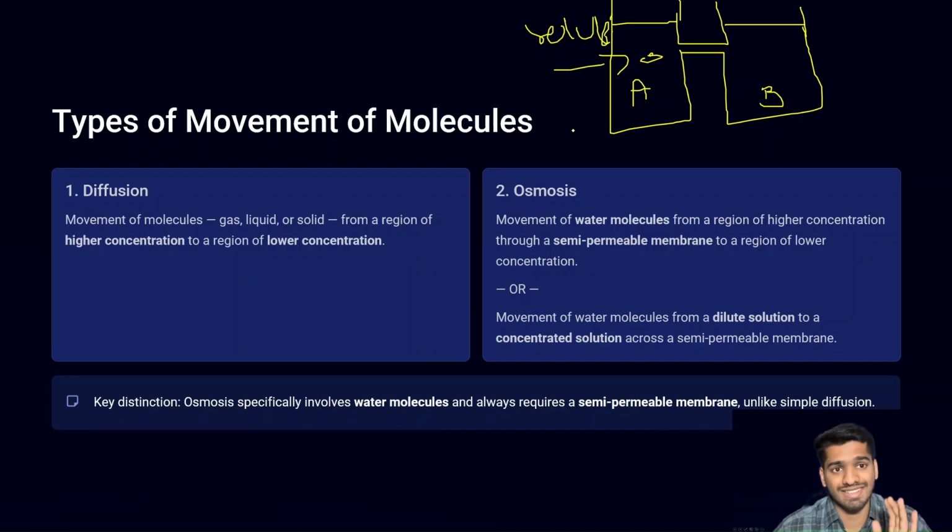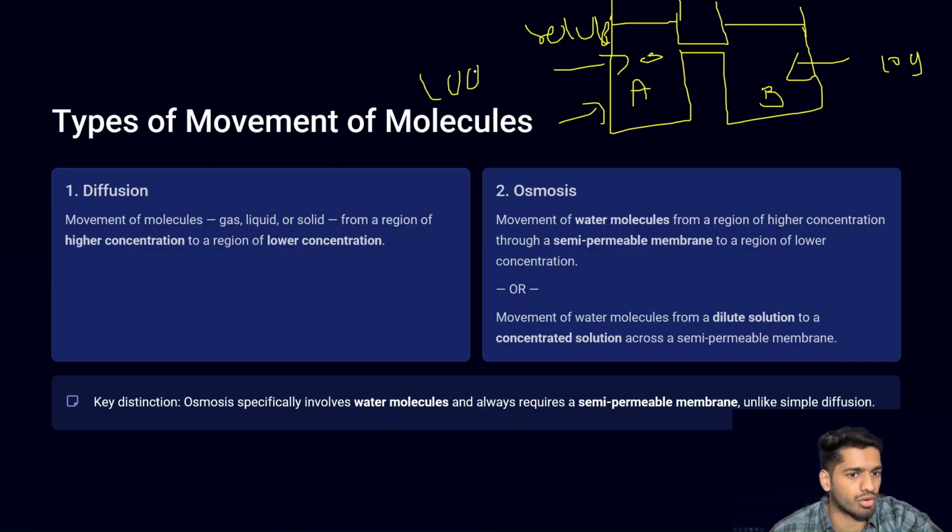Both beakers have the same amount of water, but I have put more solute in this one, and in this one very little. For example, I have 10 gram of sugar over here and 100 gram of sugar over here. So this one is more concentrated and this one is less concentrated, or I can say this is the diluted one.